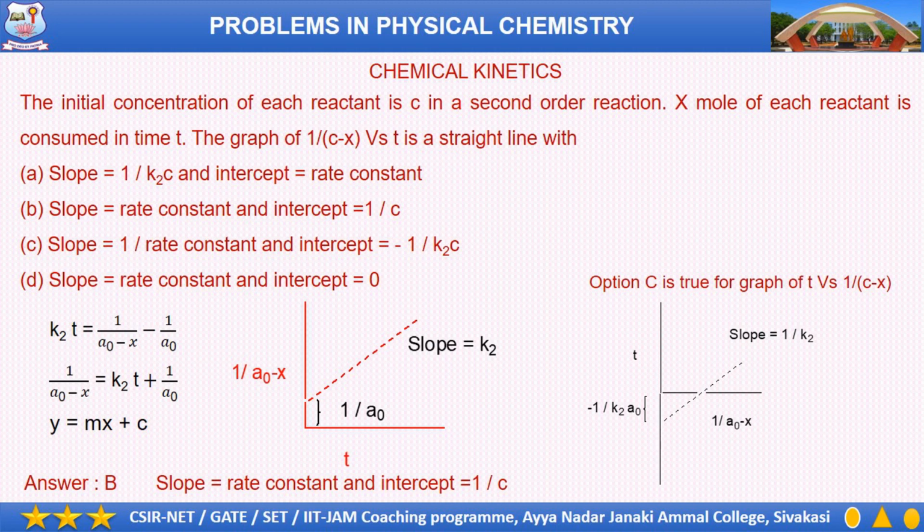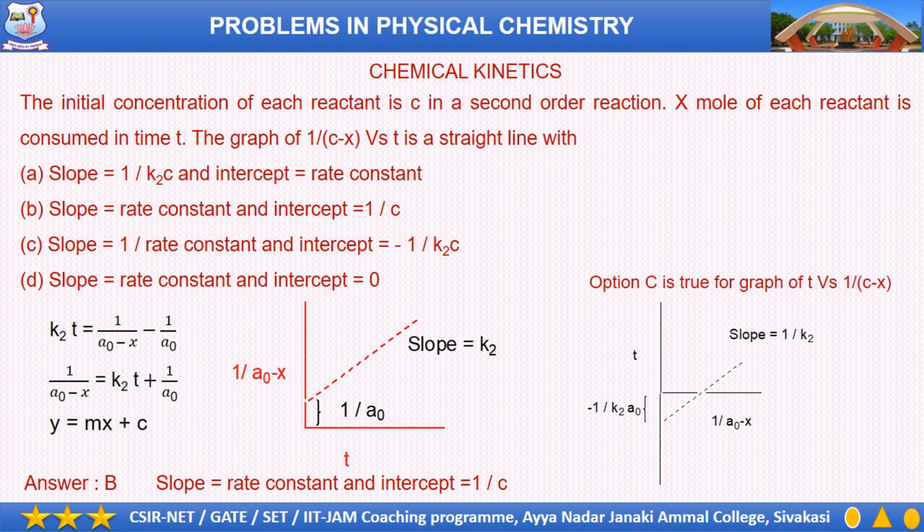Another one is given: option C is applicable only for which type of graphical representation? That would be plotting t versus 1 by x. If they give it like that, you will get it like this. Therefore, by rearranging the equation, you can plot in two ways, depending on which values, equations or parameters are given.